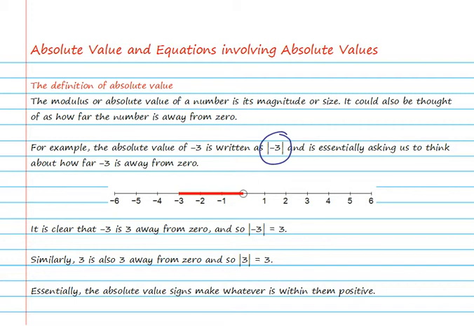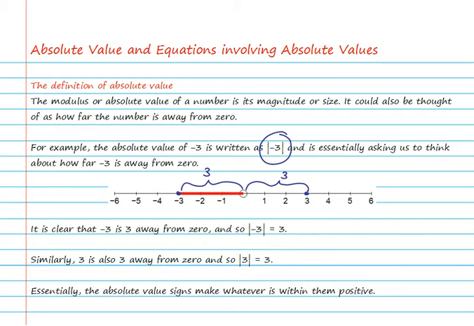So what we see here, if we think about this absolute value of -3, is asking us how far away from zero is -3. So obviously here's -3 back here, and this distance between -3 and 0 is clearly 3. What we also note here, obviously, is that the absolute value or the modulus of +3 is also 3.